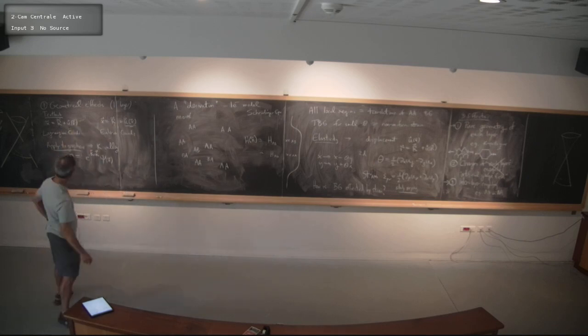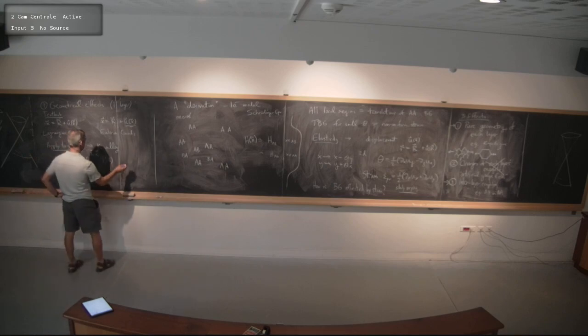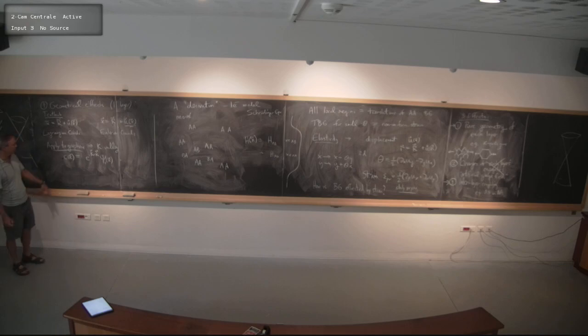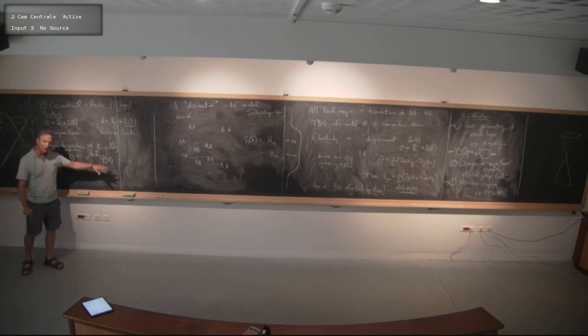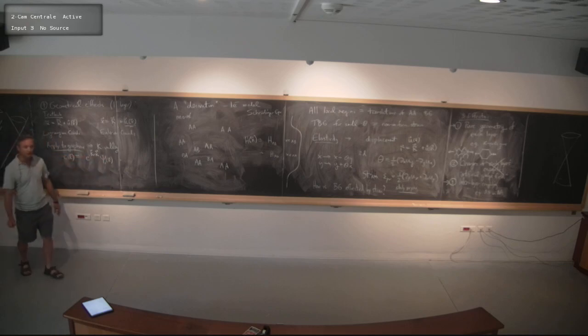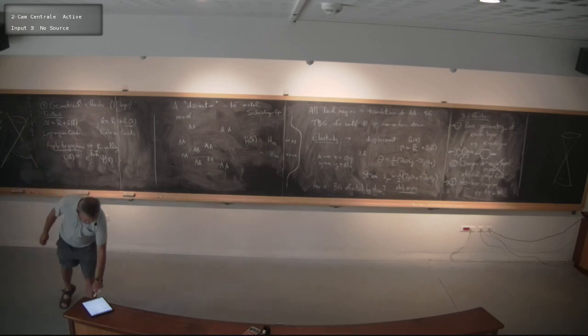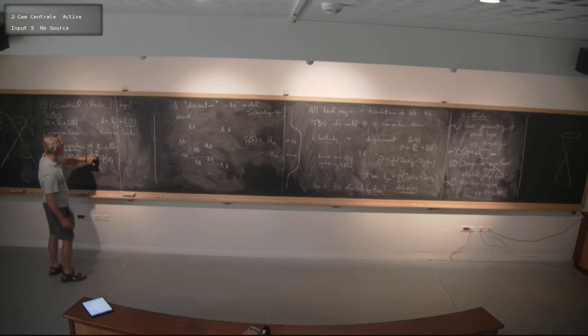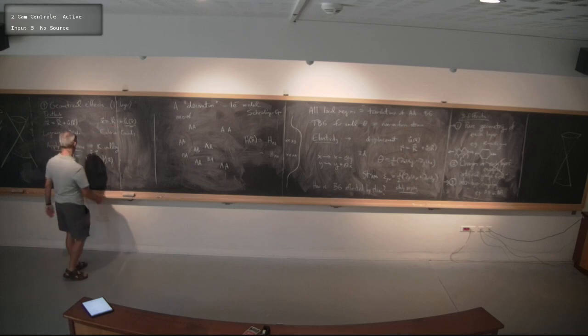Let me call it psi plus, and then there would have been another psi minus for the other valley. And if you want, you can put spin and sublattice indices and all your favorite things on there. But now, R should be given by this.